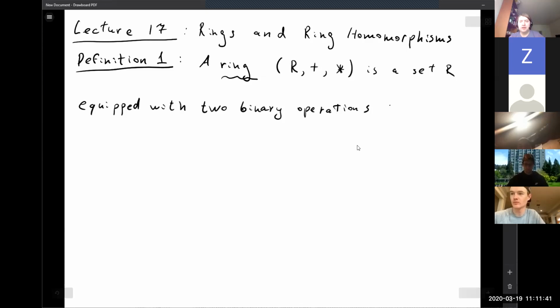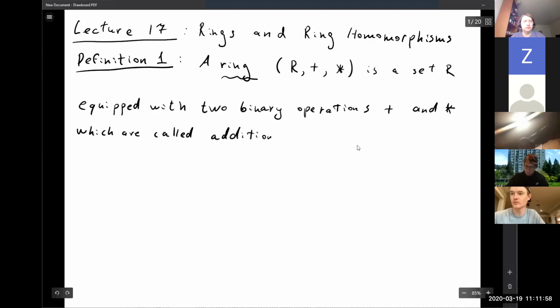Which are called plus and star, addition and multiplication, and satisfy the following list of properties.